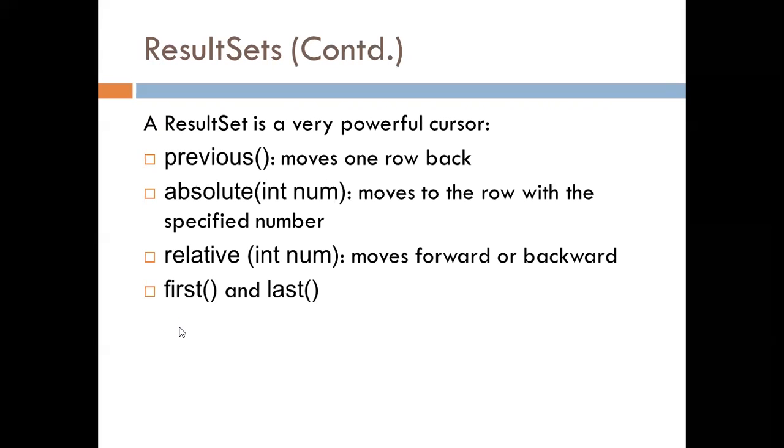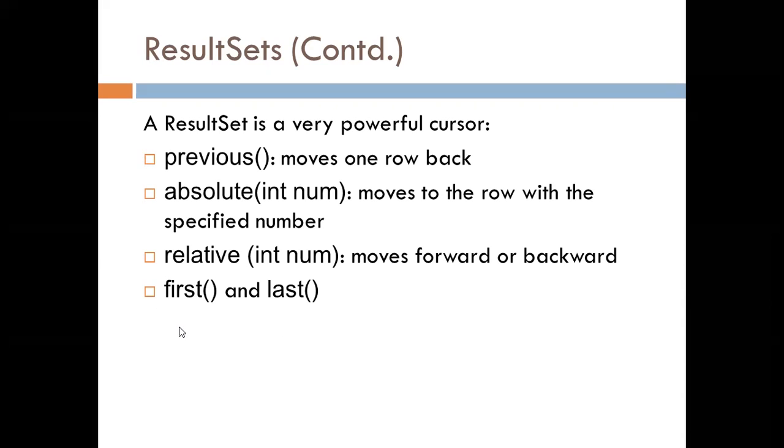So ResultSet is a very powerful cursor. As we discussed yesterday, a cursor is nothing but a mechanism of iterating over all the result rows. So ResultSet has some functions, that is previous, where it moves one row back, absolute, where we can take the cursor to the specified row number.